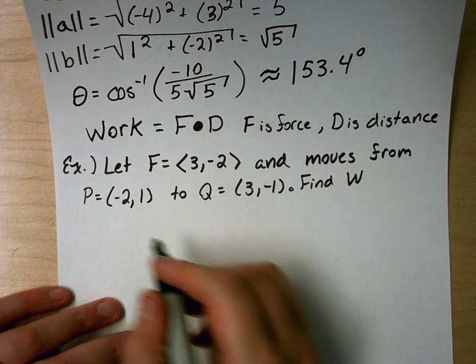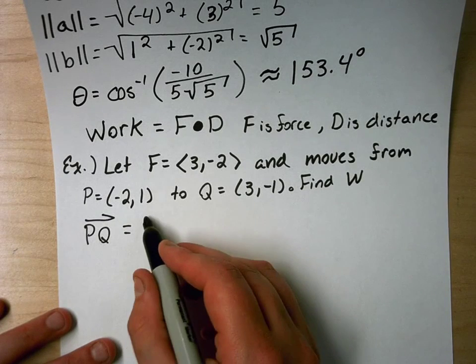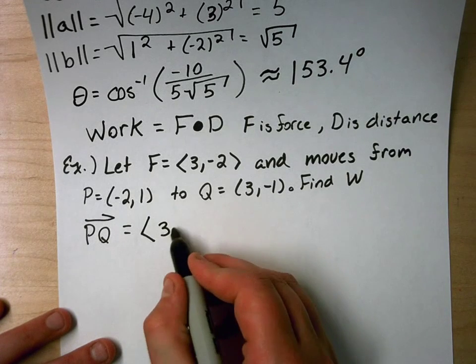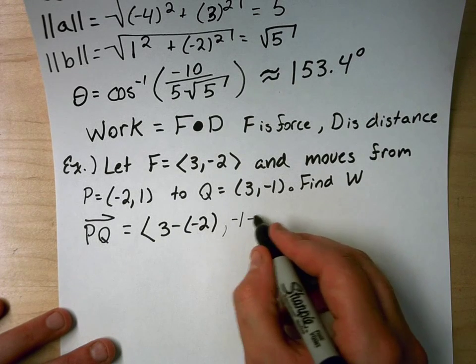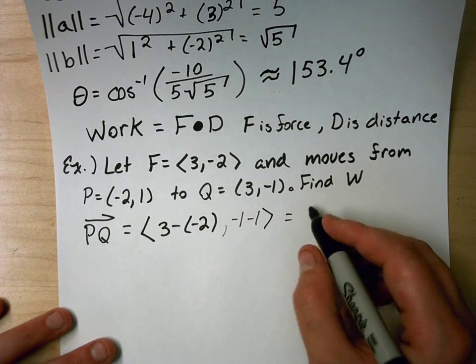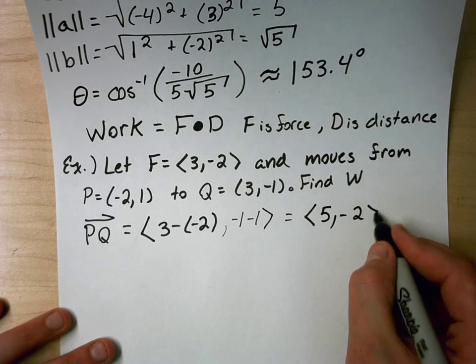First I need to find the vector PQ, which is going to be 3 minus negative 2, negative 1 minus 1. So that is going to give me 5, negative 2.